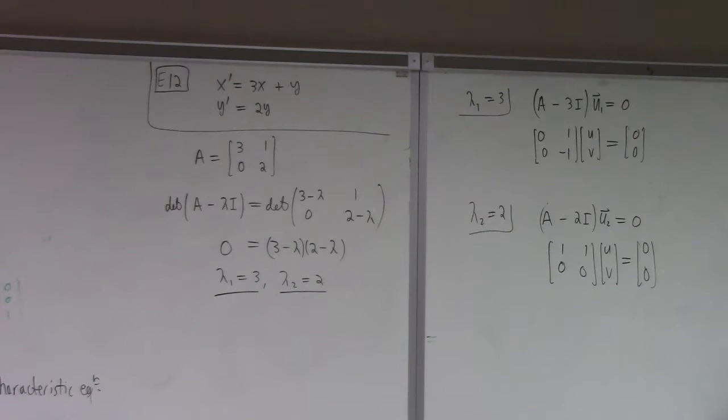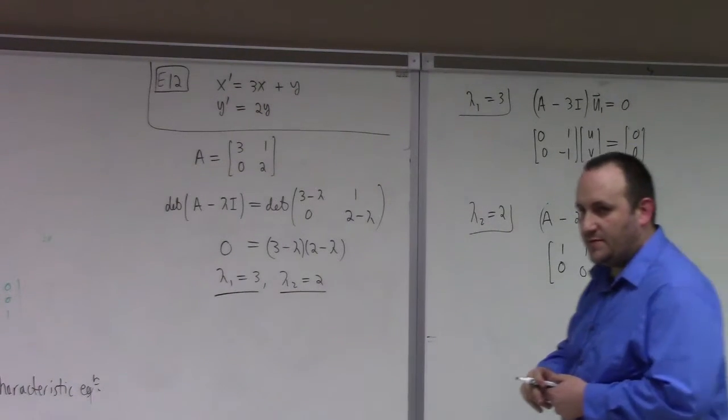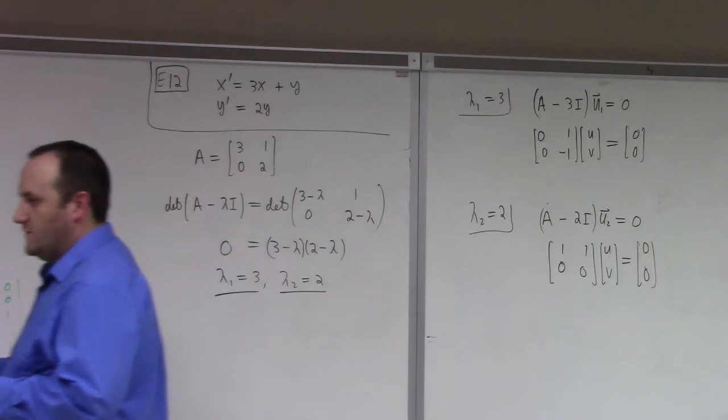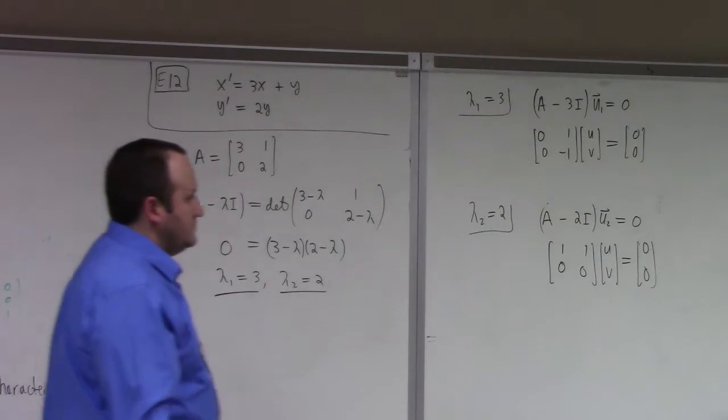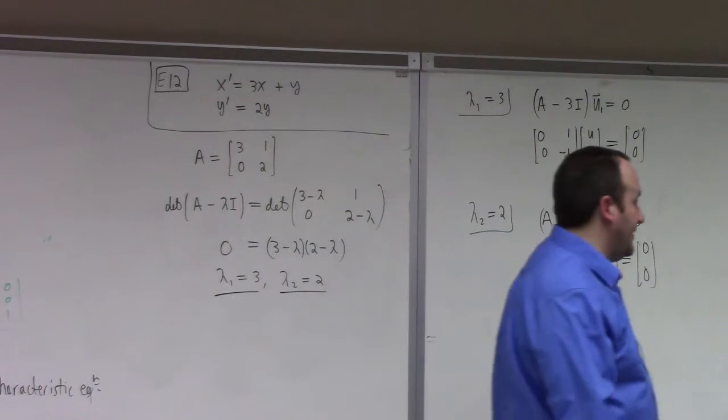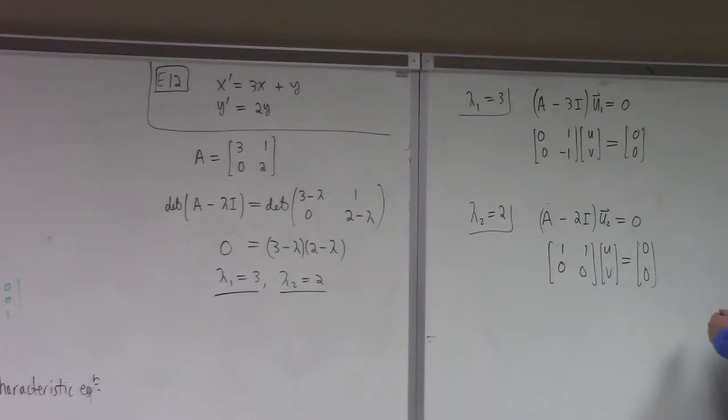So there's the two equations that we should be able to find eigenvectors from. Can you guys solve those? Do you notice anything weird about those 2 by 2 systems that I wrote down? How many distinct equations do you have? Just one, right?